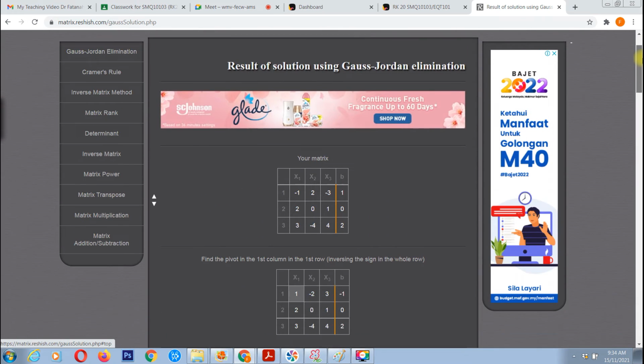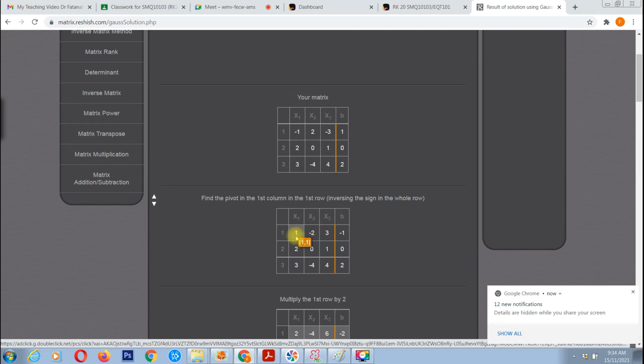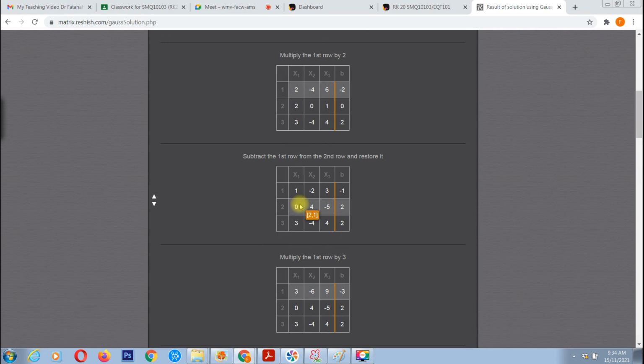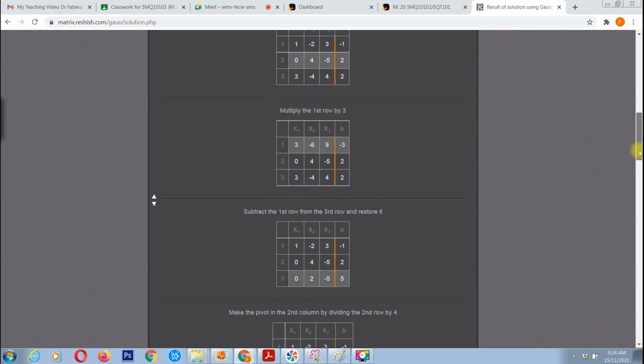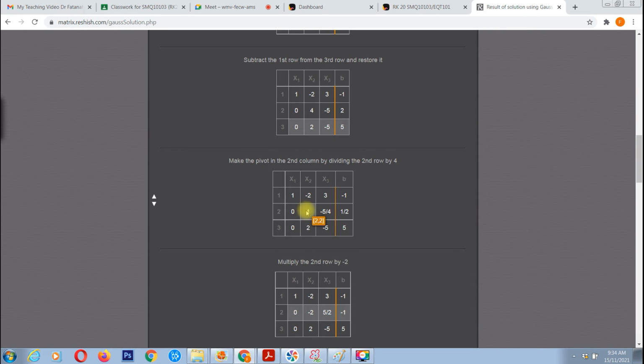Make sure the first ERO we use this, we make sure first is 1. After first is 1, the second row will be 0. The second row will be 1 here. You need to understand how, but the method is as I taught before.